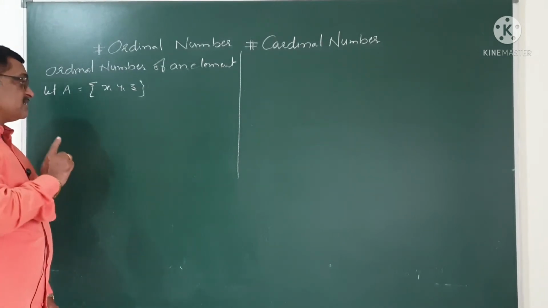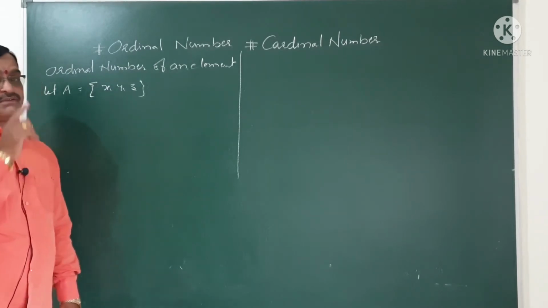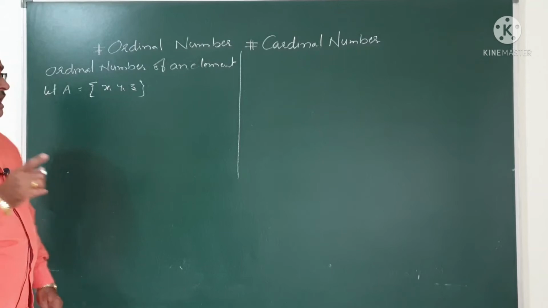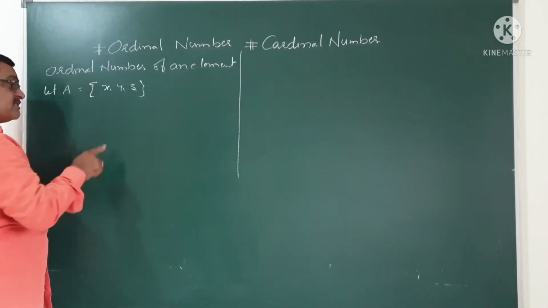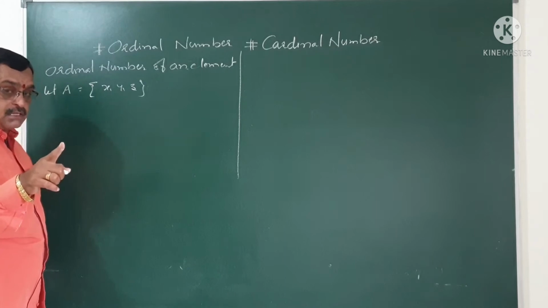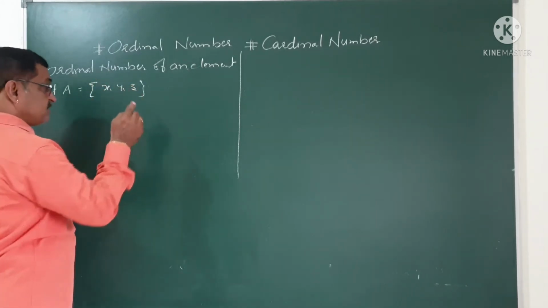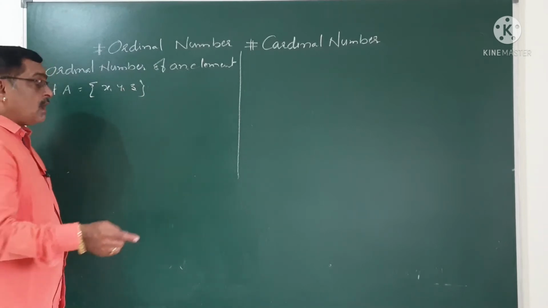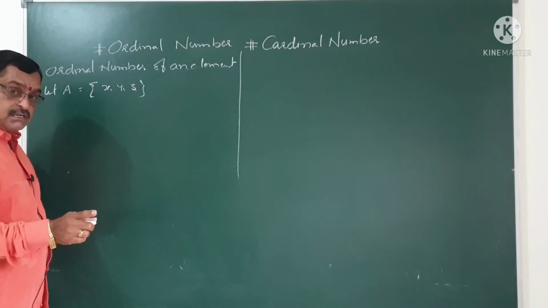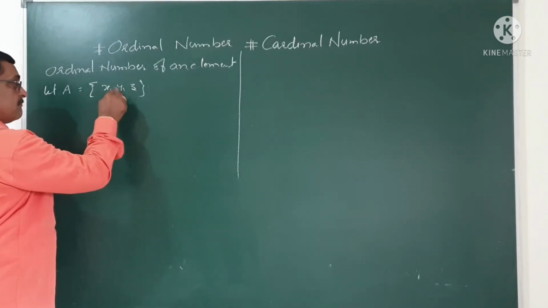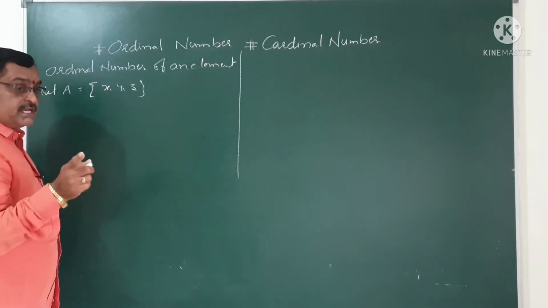The second element in the set is y, whereas the third element is z. So the order of x is 1, order of y is 2, order of z is 3. Therefore, ordinal number of x is 1, of y is 2, of z is 3.